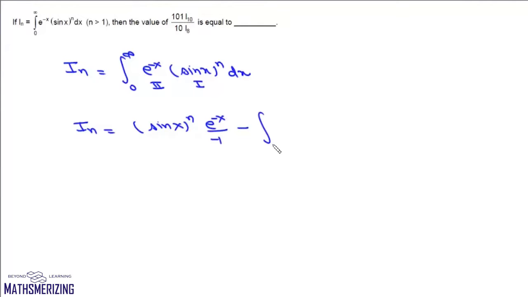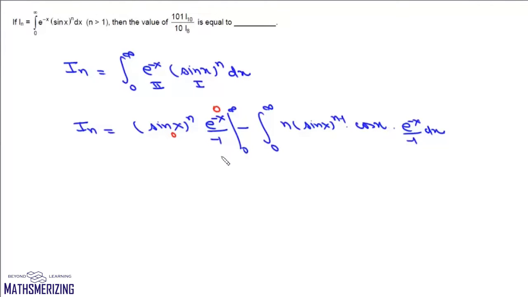Now minus this integral from 0 to infinity of n sine x to the power n minus 1, and then the derivative of sine x is cos x, into e to the power minus x upon minus 1 dx. Now if we put x as infinity, e to the power minus infinity will be 0, and if we put x as 0, sin x will be 0.